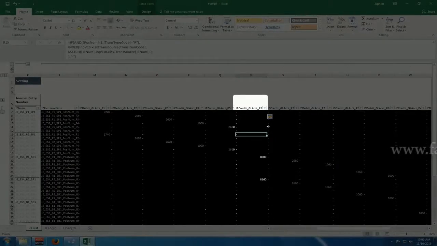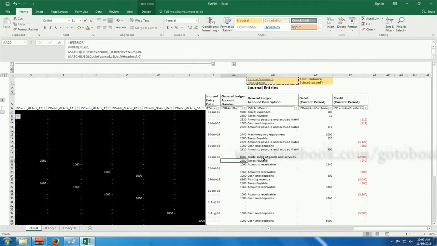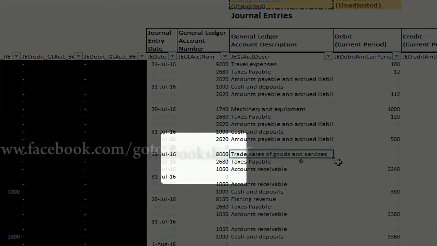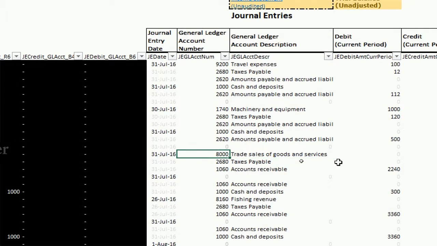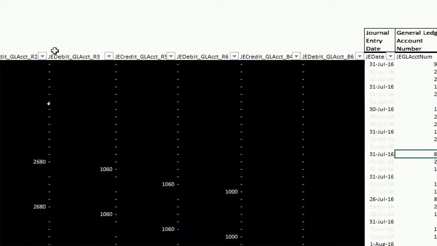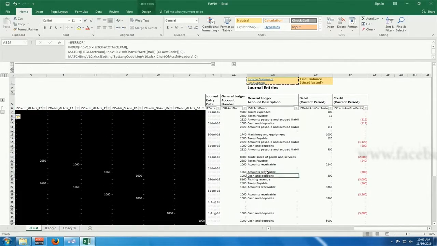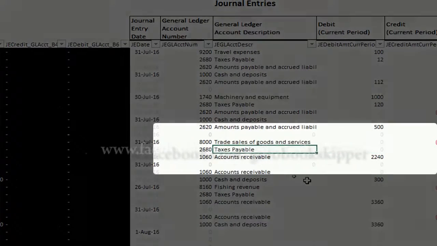See this one? And we can scroll over to, because our third transaction is a sales. So we got the 8,000, the sales. Because it can be other types of sales, that's why we need a placeholder called the trans item code. Okay, let's take a look at the second position that we have, which is tax payable.